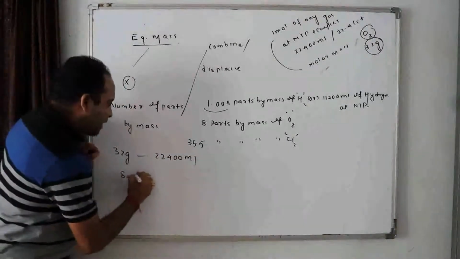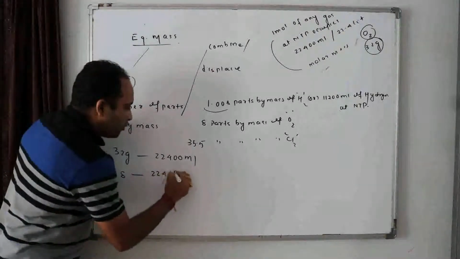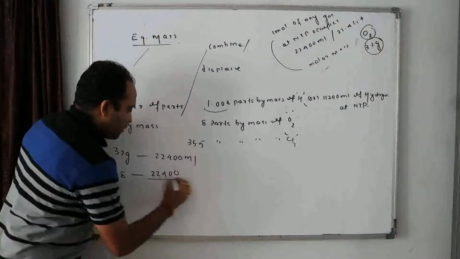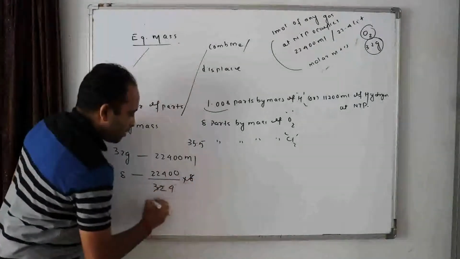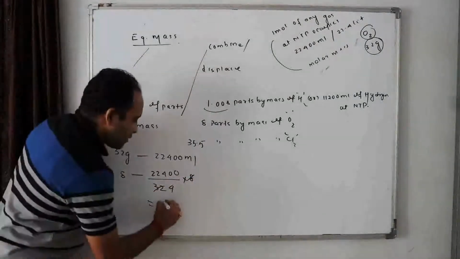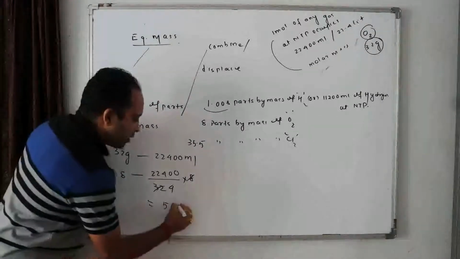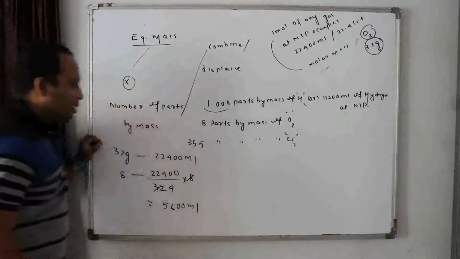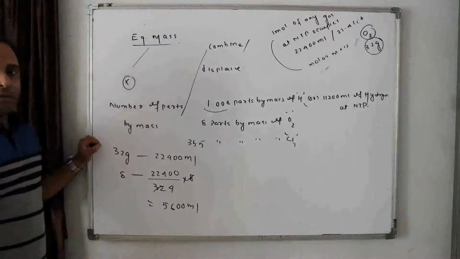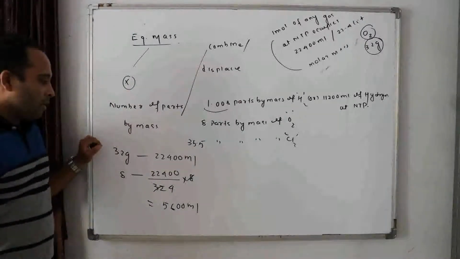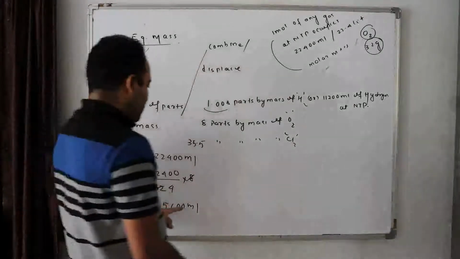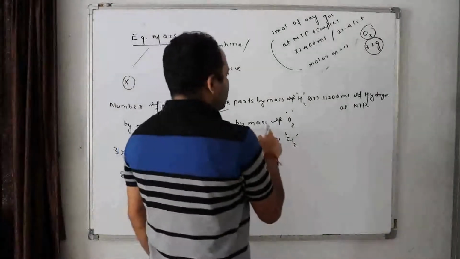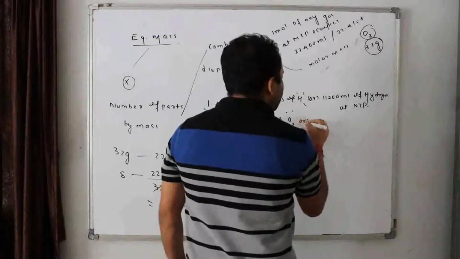Now 8 gram will correspond to 22400 by 32 into 8, how much? 5600 ml. Say yes or no? 5600 ml. Easy?